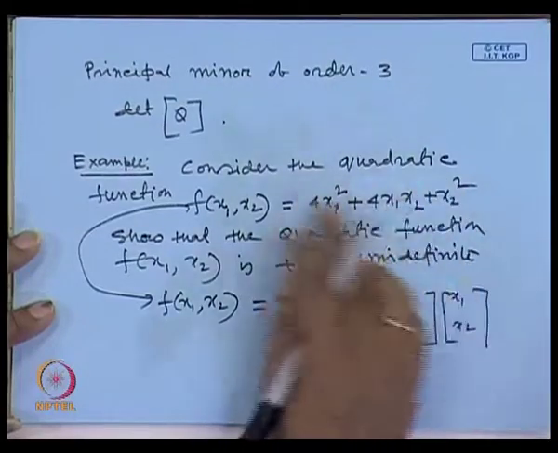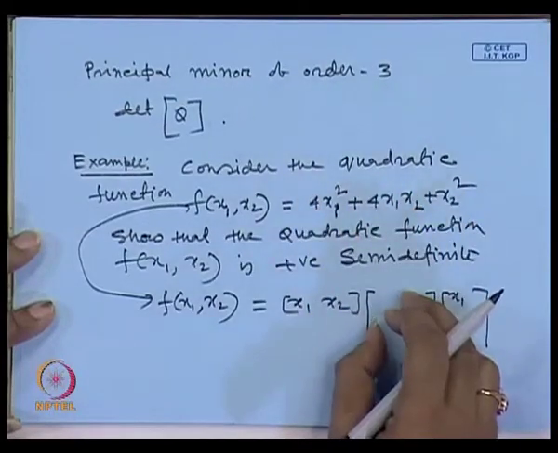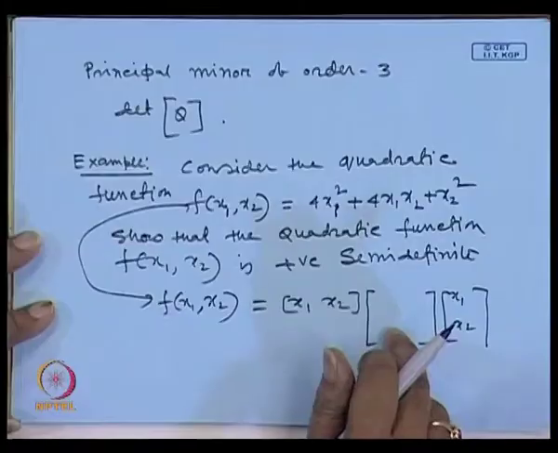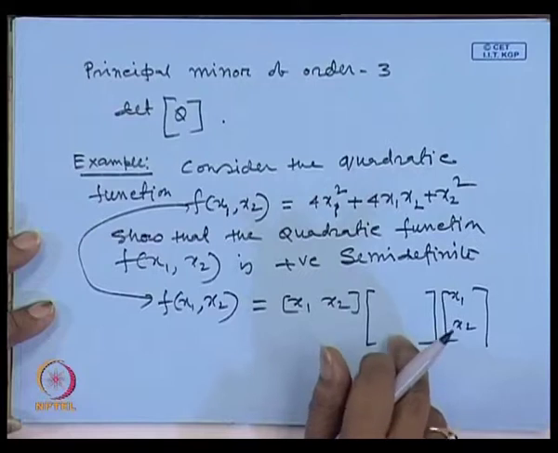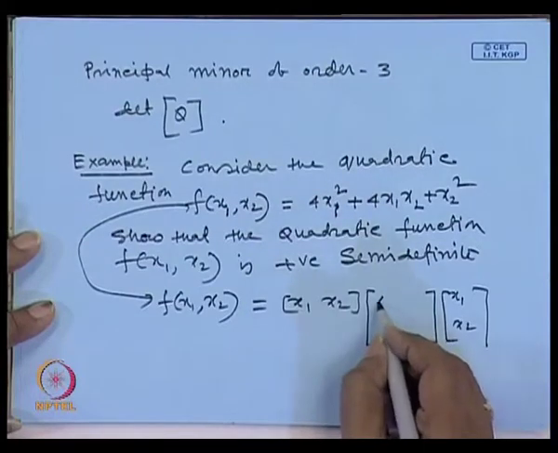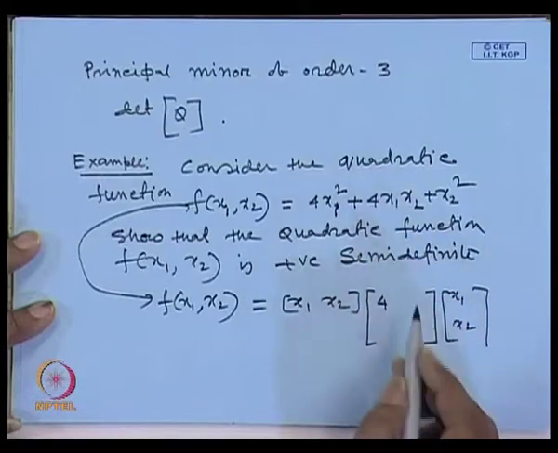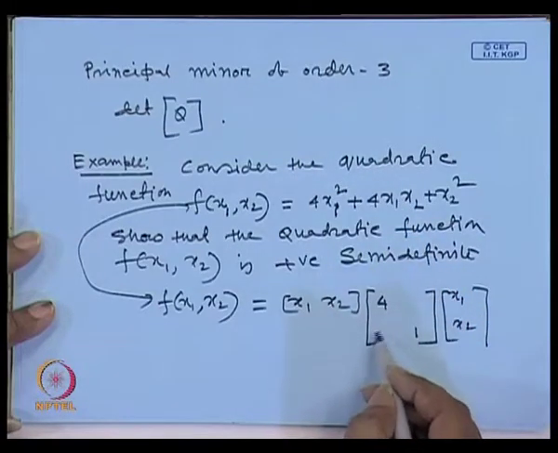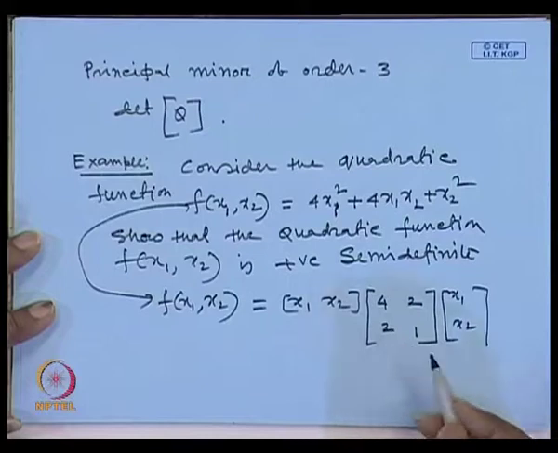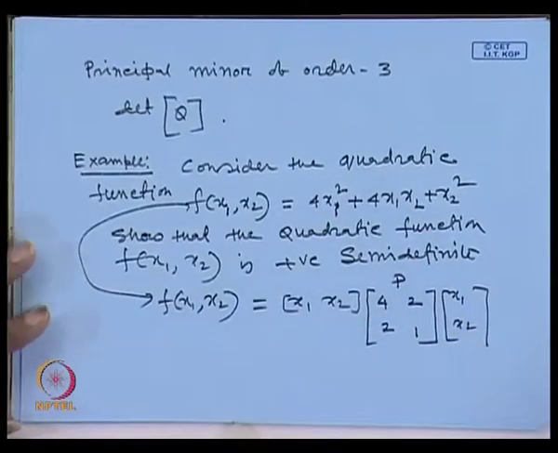I can represent this in different ways, but I will prefer to represent it as a symmetric matrix, so that I can use the Sylvester criteria for checking whether this matrix is positive semi definite or not. So, I will write 4, then 4 x 1 x 2, here x 2 x 1, so I will divide into 2 parts, 2 and 2. So, it is a symmetric matrix, this P is a symmetric matrix.